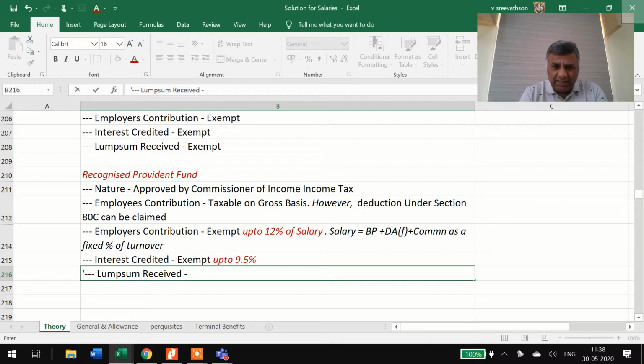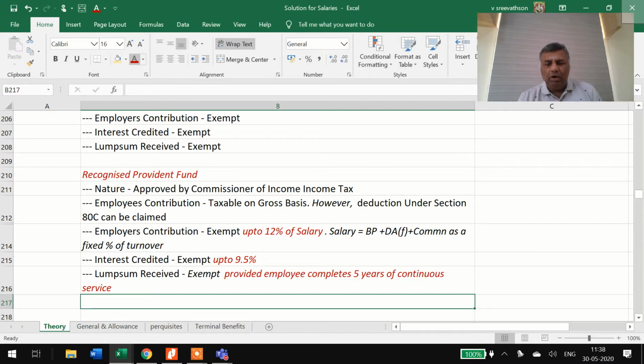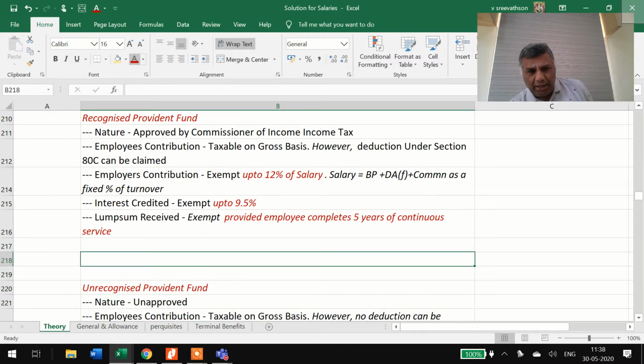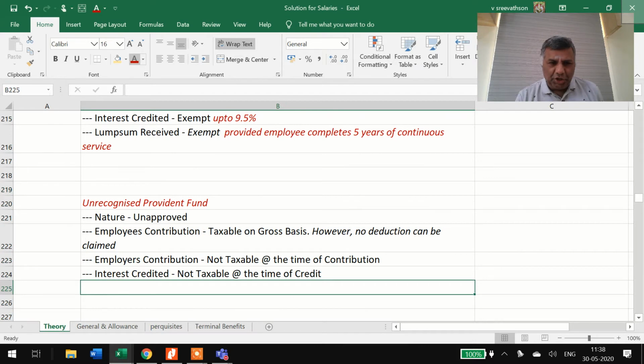In the case of RPF, exempt, provided the employee completes 5 years of continuous service. At least you should have worked for 5 years so that you can claim it for exemption.